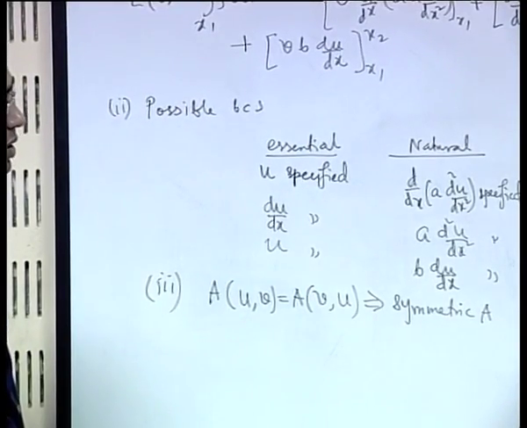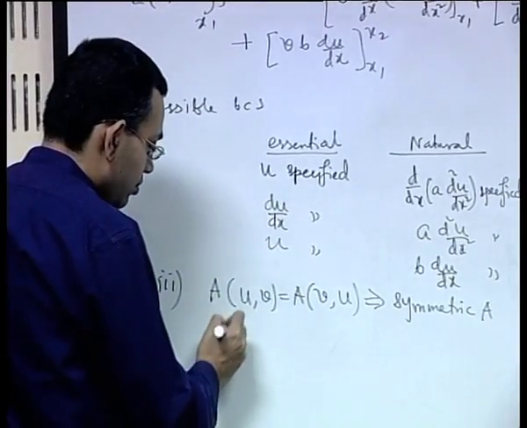And how to test the positive definiteness? What is A(v, v)?